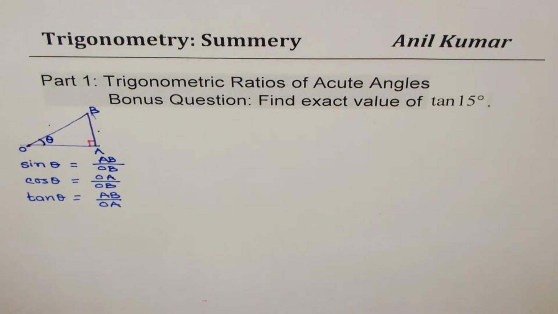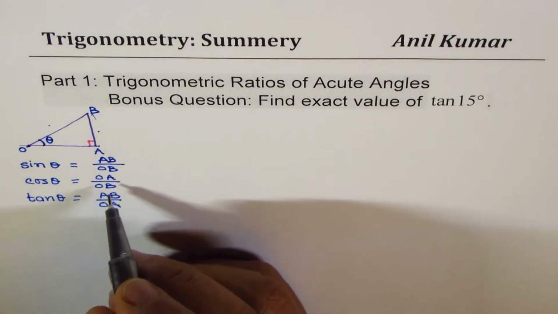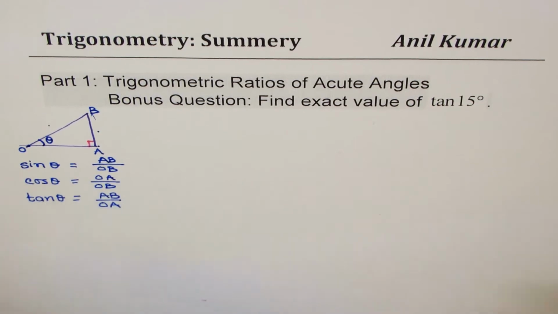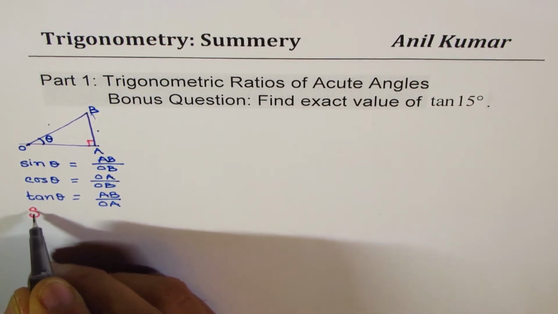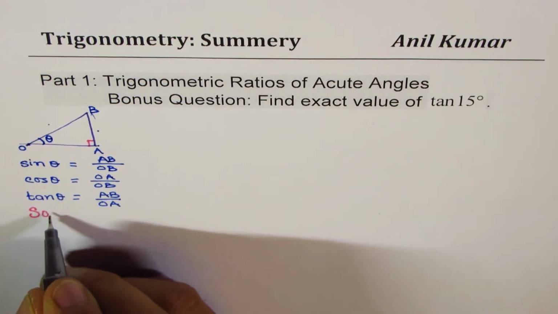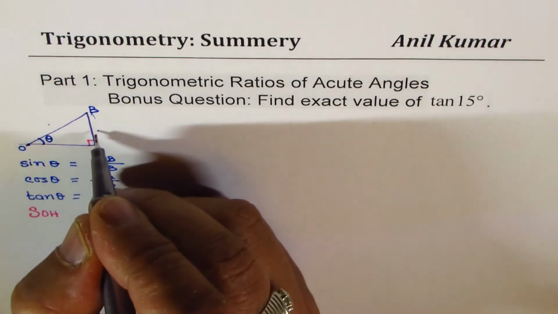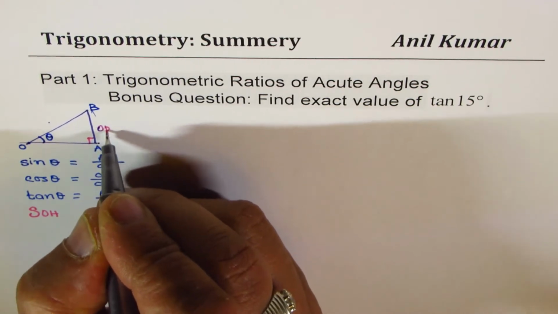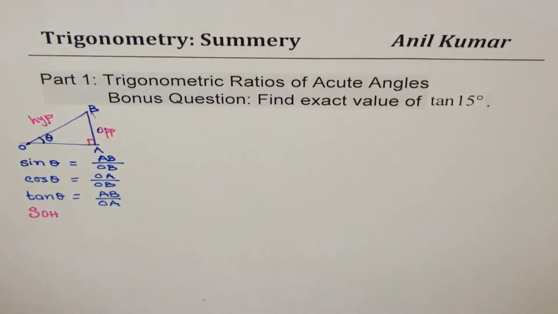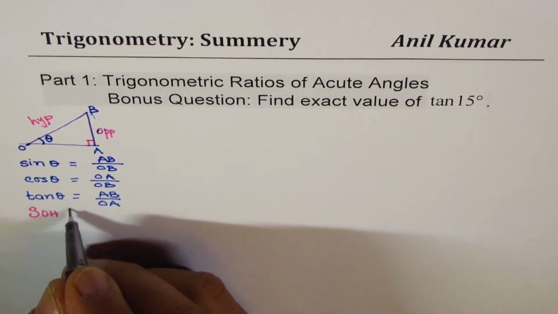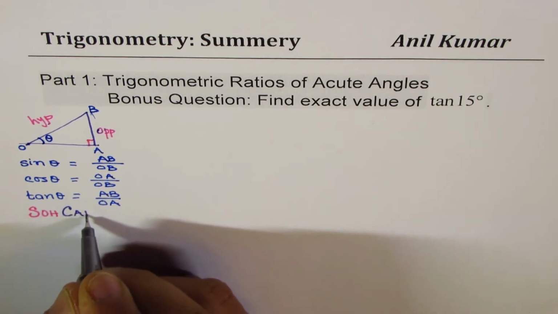To remember this particular formula for trigonometric ratios, in North America they use SOHCAHTOA. So S is for sine, opposite over hypotenuse. So this becomes the opposite side. Let me write opposite. And this is hypotenuse. As far as cosine is concerned, for cos they write cos is adjacent over hypotenuse.